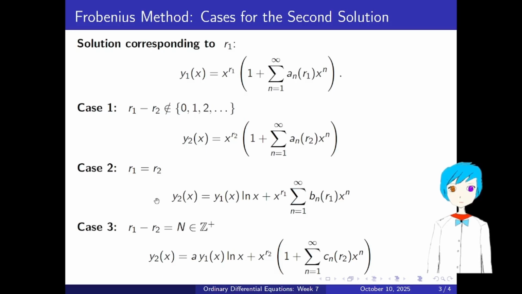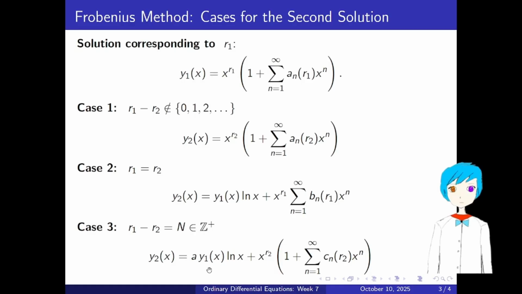If the two roots to the indicial equation are the same, r1 equals r2, then the other linearly independent solution should be the first one times ln x, plus x^r1 times a series, where b_n is the derivative of a_n(r) with respect to r.